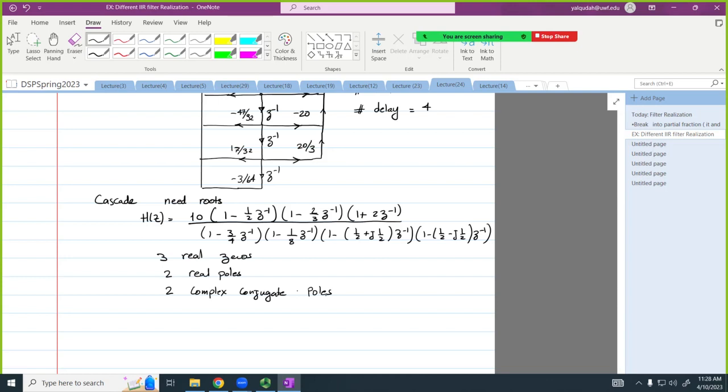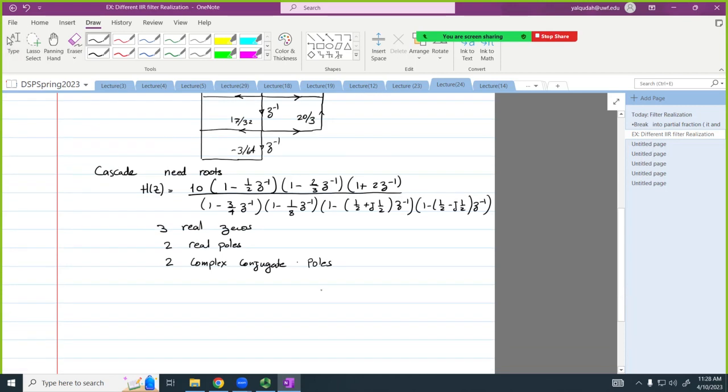So we can expand this as two first order or two second order systems. What we're going to do is combine the real poles into two first order systems or one second order system.